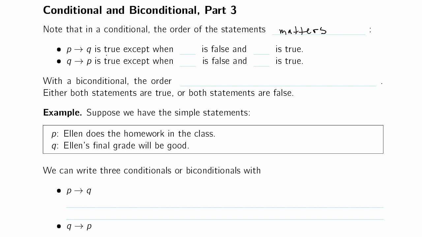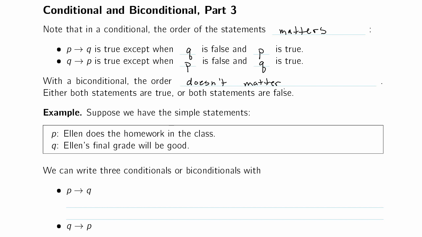If P then Q is true except when Q is false, well, P is true. If Q then P is true, except when P is false, well, Q is true. The order matters. In a biconditional, the order still doesn't matter. Either both statements are true or both statements are false.